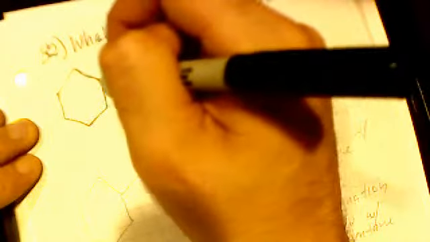All right, number 32. What are the products? We have a cyclohexane with, what is that?